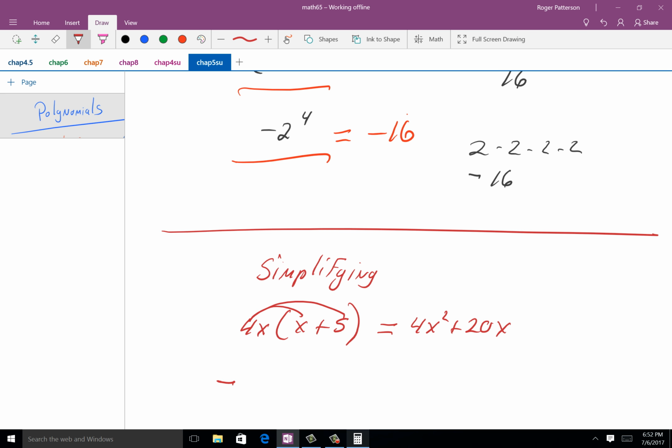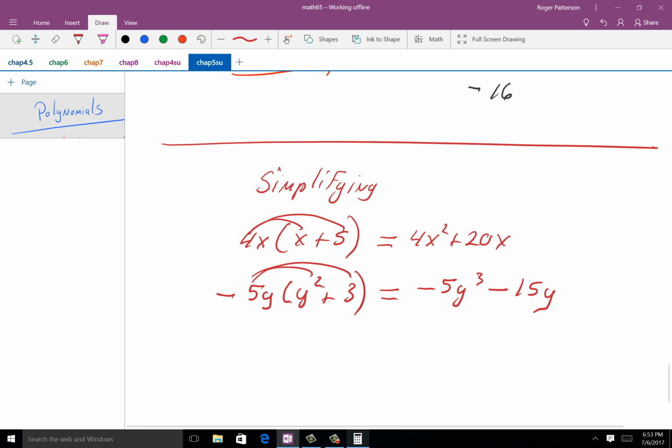And they don't have to be x's, for example, like this one. We'll make this one a little bit harder. Okay, so we're just going to distribute this inside. Negative 5y to the third minus 15y. Again, you can't combine those because they're not like terms. Okay. So all we're doing here is distributing.